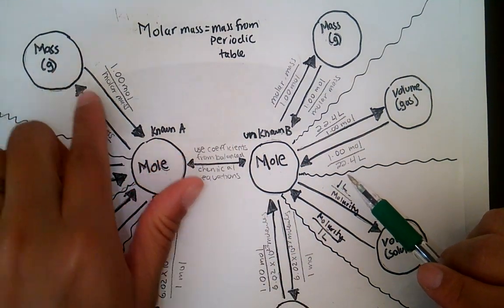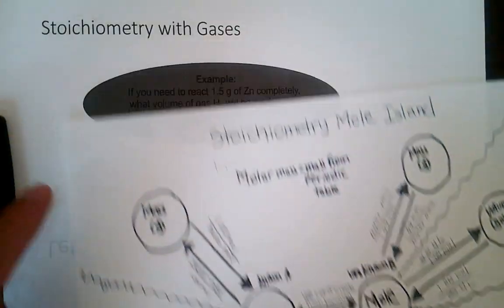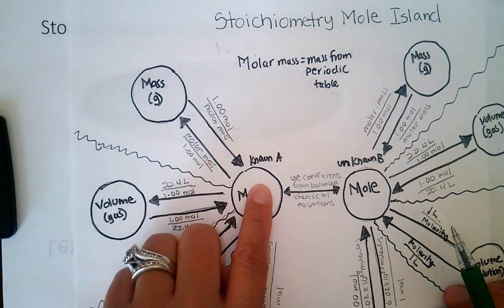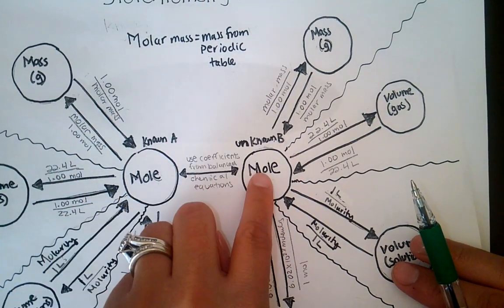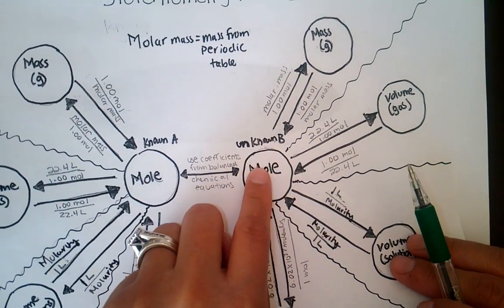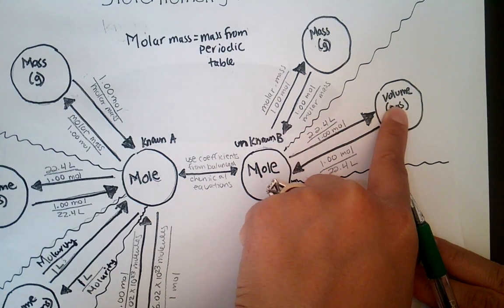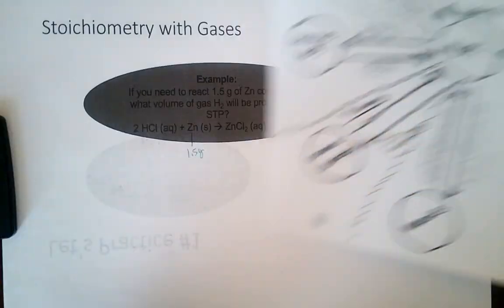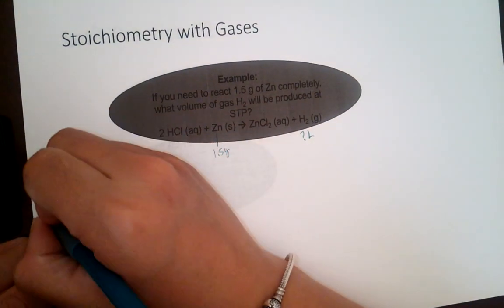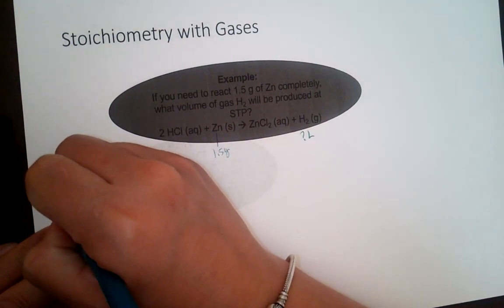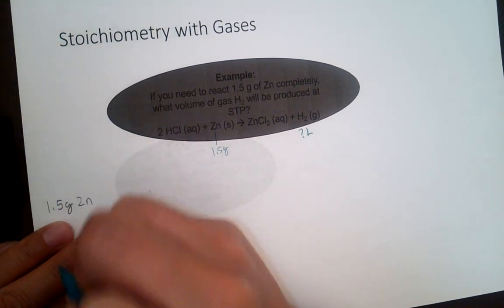So it's going to be mass of zinc to moles of zinc, moles of zinc to moles of H2, moles of H2 to liters of H2. That's my path for this, okay? So let's start off by writing what I have, which is 1.5 grams of zinc, Zn.